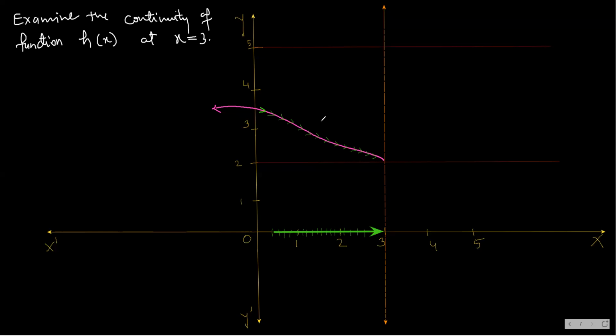So as x tends to 3, what would I write here? I would write x tends to 3 from left, y tends to 2.